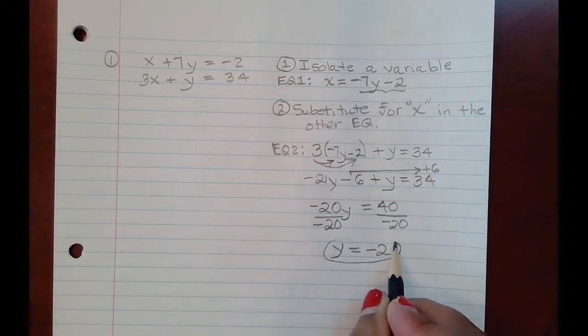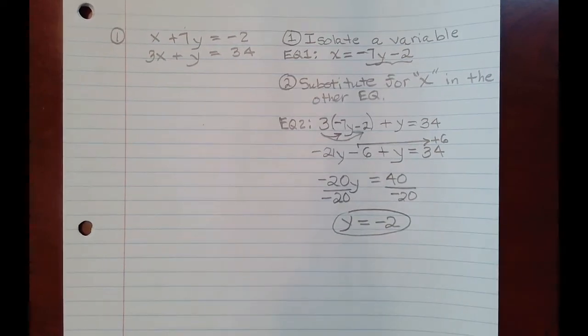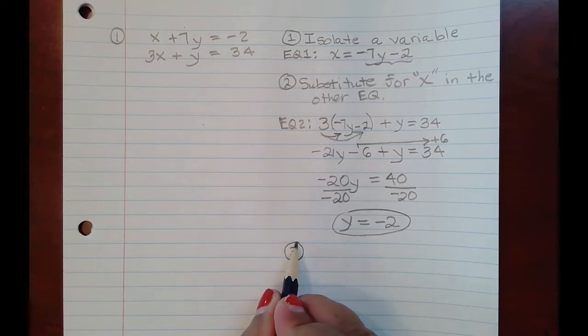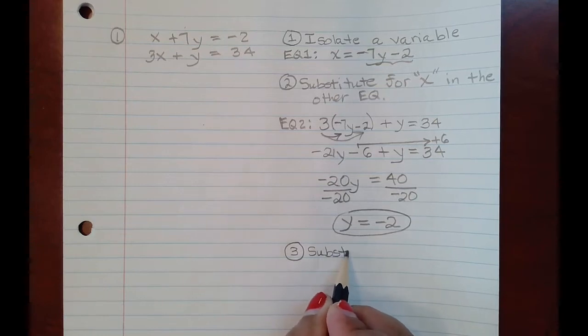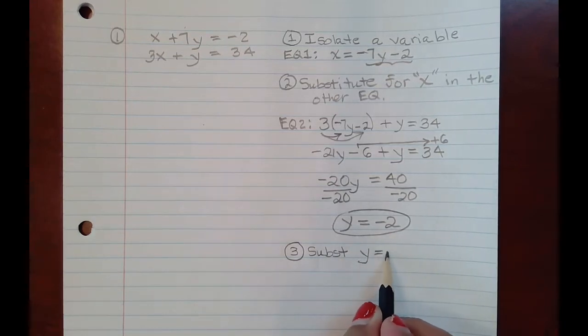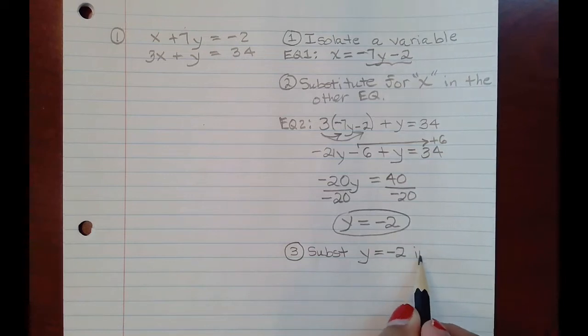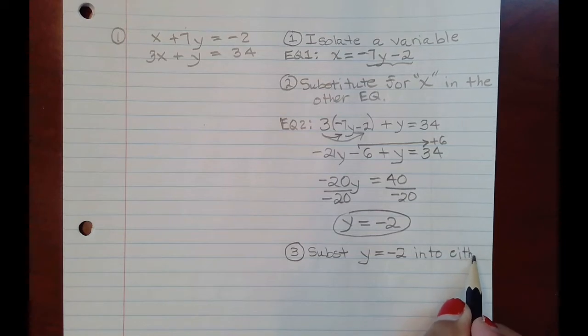So I have half of the solution. I need its x partner. So once you get one of the values, either x or y, you're going to substitute again, only this time not an expression, but rather the value that you just found. Substitute y equal to -2 into either equation.